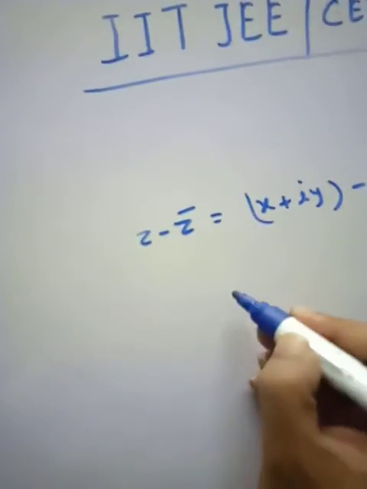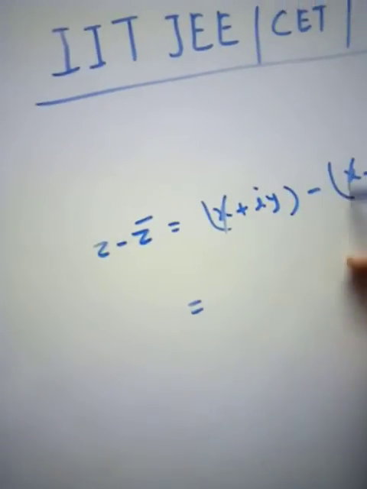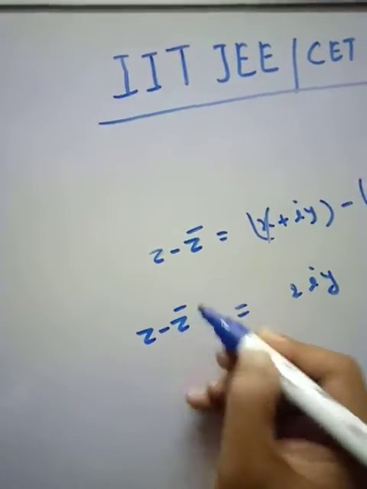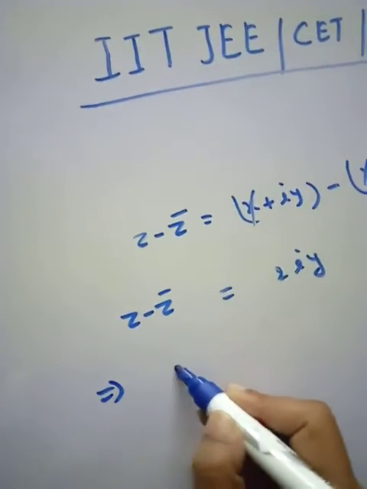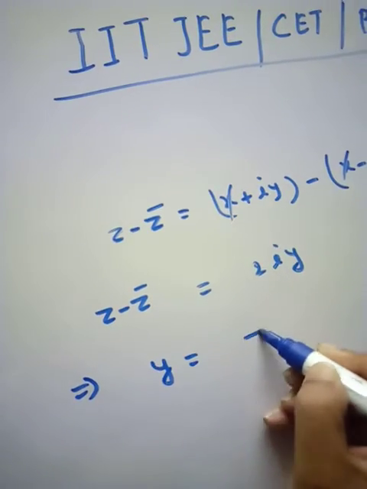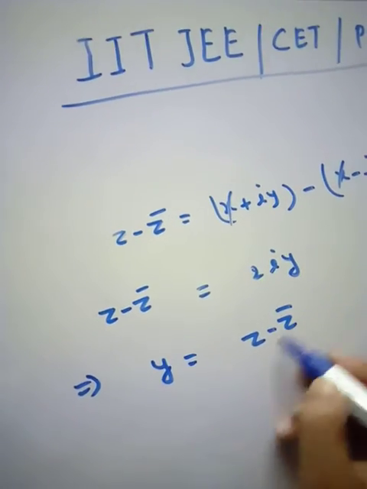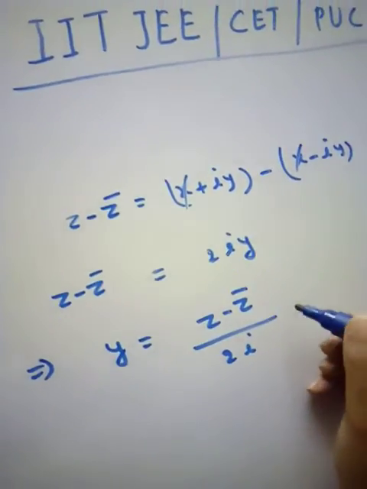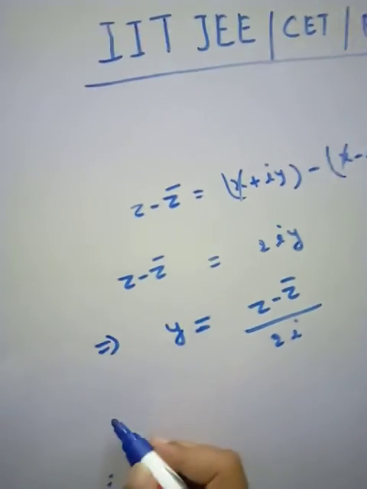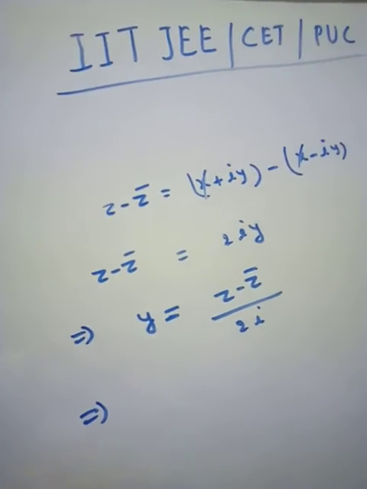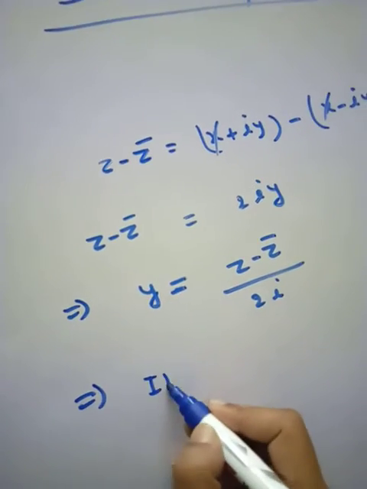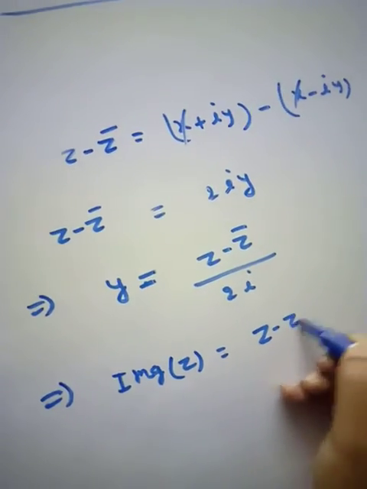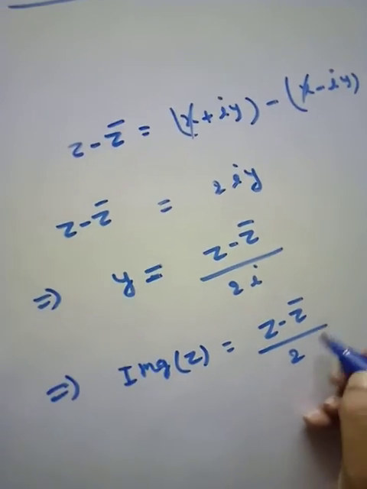So this goes, and we get 2iy. So y equals z minus z conjugate divided by 2i, and y is nothing but the imaginary part. So imaginary z equals z minus z conjugate divided by 2i.